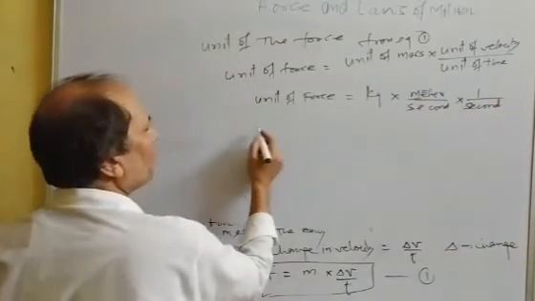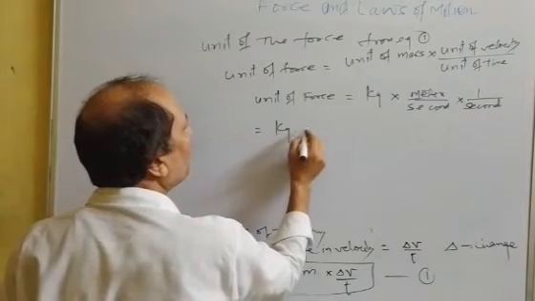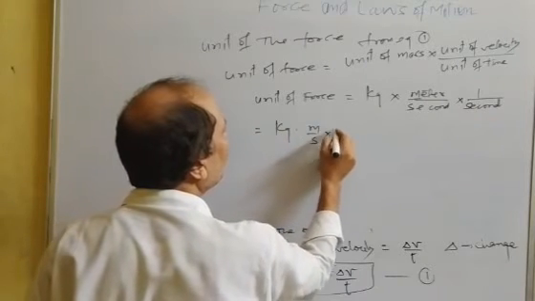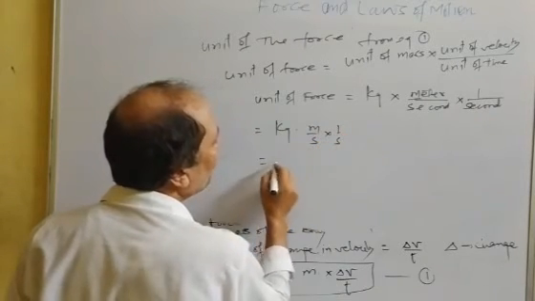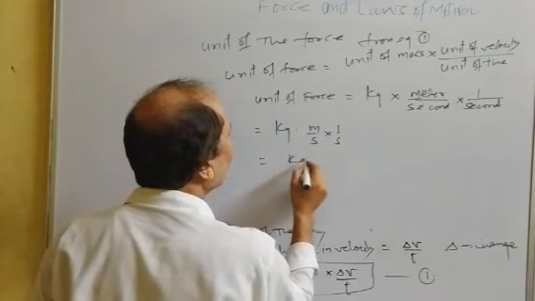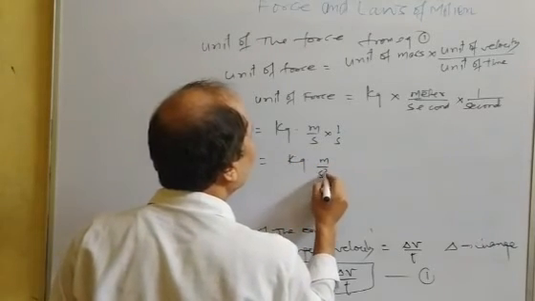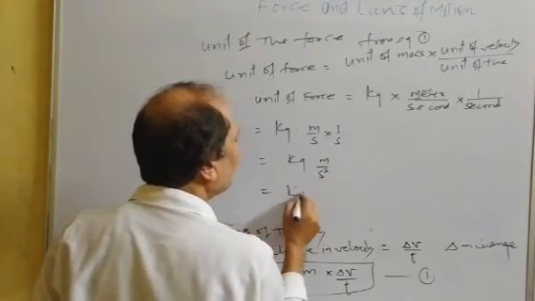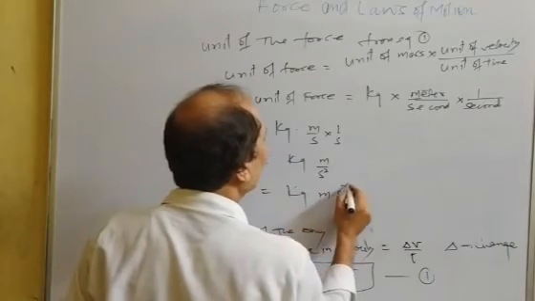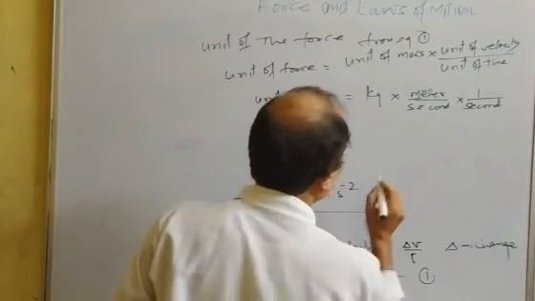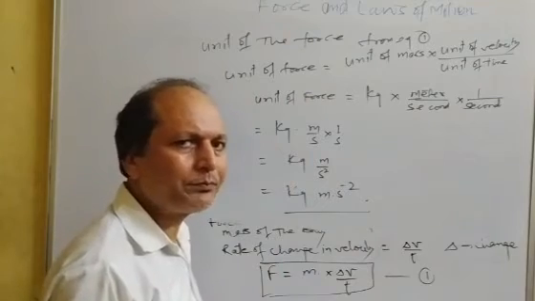So now kg into meter per second into 1 upon second. So kg into meter upon second square. I can write that as kg into meter into second to power minus 2. That is the unit of force.